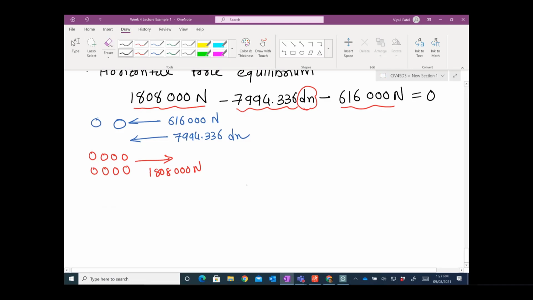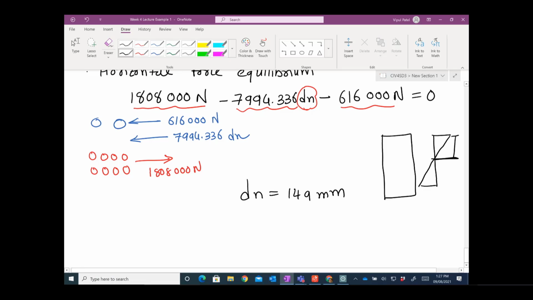So if I just simplify that, I would get dN equal to 149 millimeters. Right. Now this dN is saying that, okay, you have these concrete beams, and this dN is sitting somewhere here. Let's say this dN is 149 millimeters.